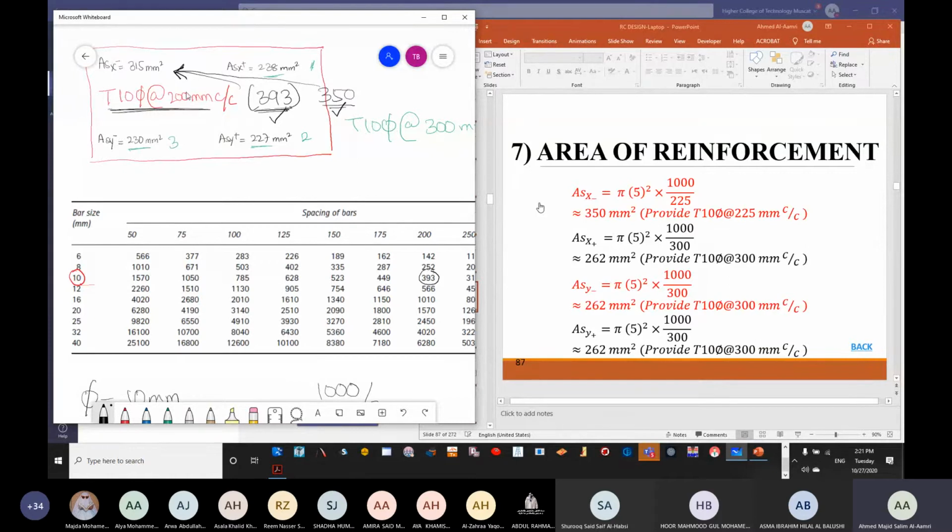Now, if I have 315, both 393 and 350 are correct. But the excellent engineer is a person who will choose something higher than the required, but not far. He will be conservative. He will save the reinforcement for the client. Is it clear?